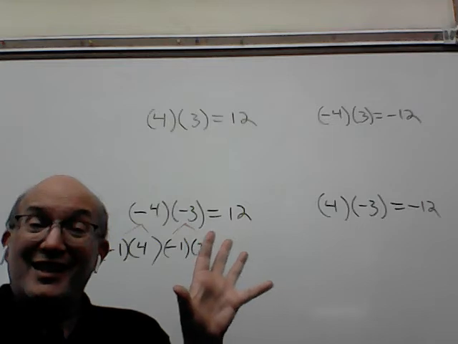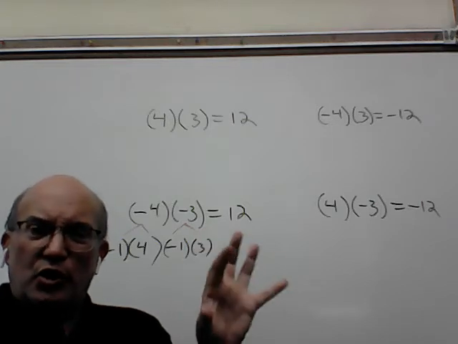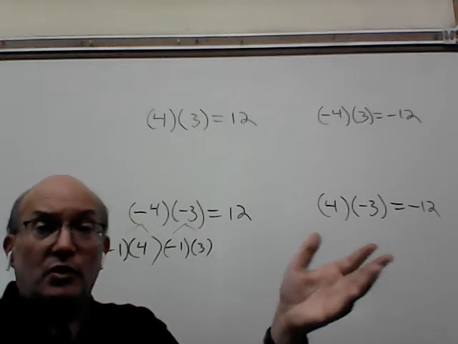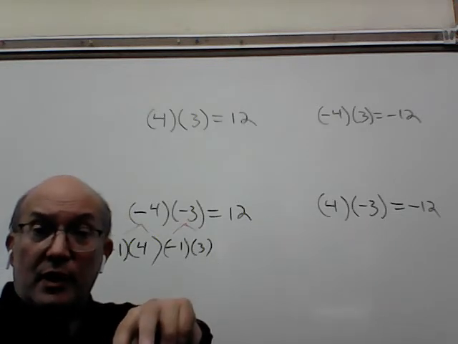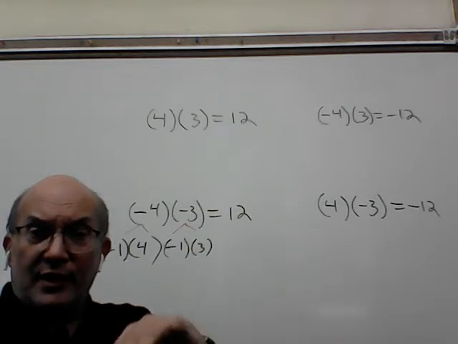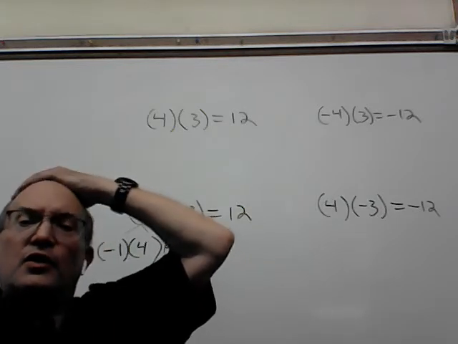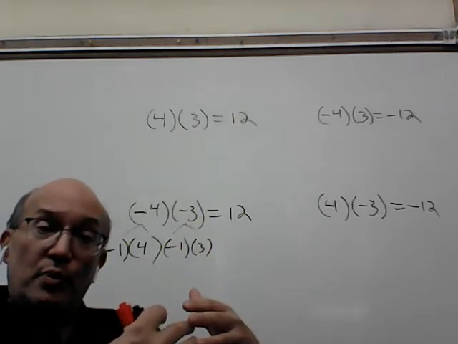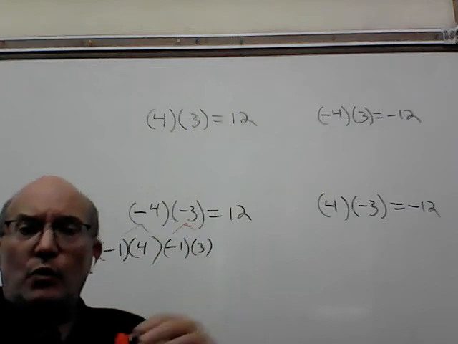Well, there's something slightly different called the associative property of multiplication. The commutative property and the associative property work for both addition and multiplication. The associative property says we can associate or group numbers any way we like when we're multiplying.